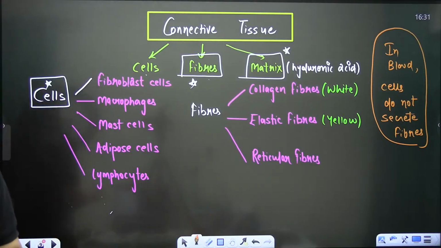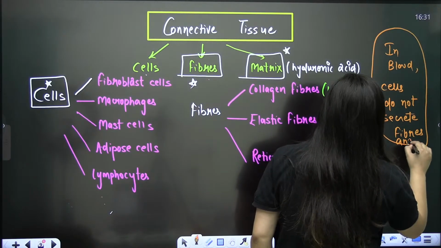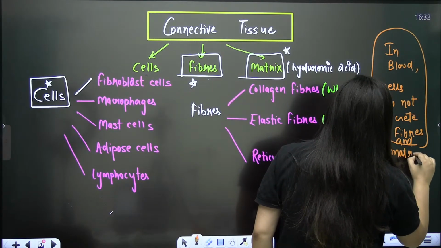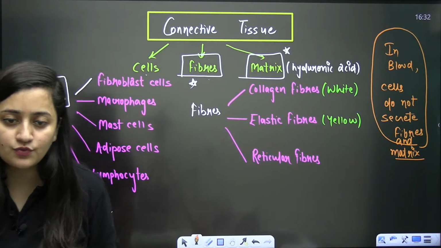Here blood is the exception. So in all connective tissue except blood, cells secrete the fibers and the matrix. But in blood, cells do not secrete fibers, even the matrix. So this is what you need to remember.